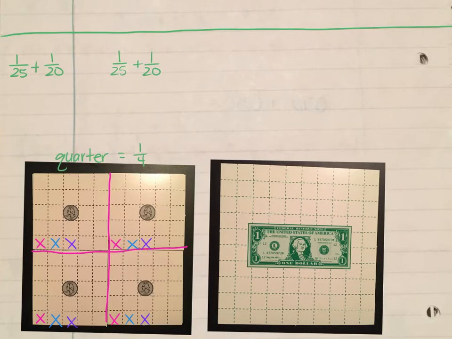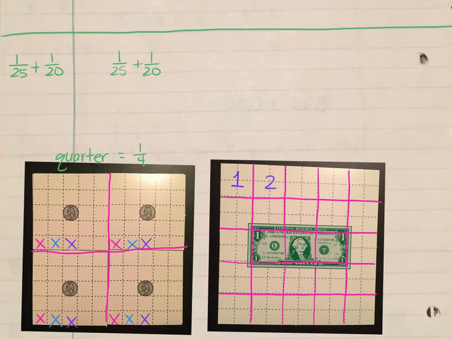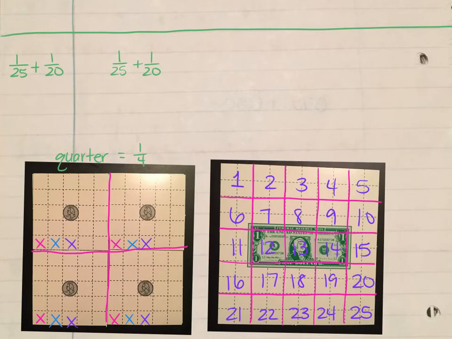I do think this is a bit confusing to see, so I'm going to take my dollar mat and break it down into 25 different parts. Alright, I have split this dollar up into 25 different parts. Here's 1, 2, 3, 4, 5. I'm going to keep going. I have 25 parts.